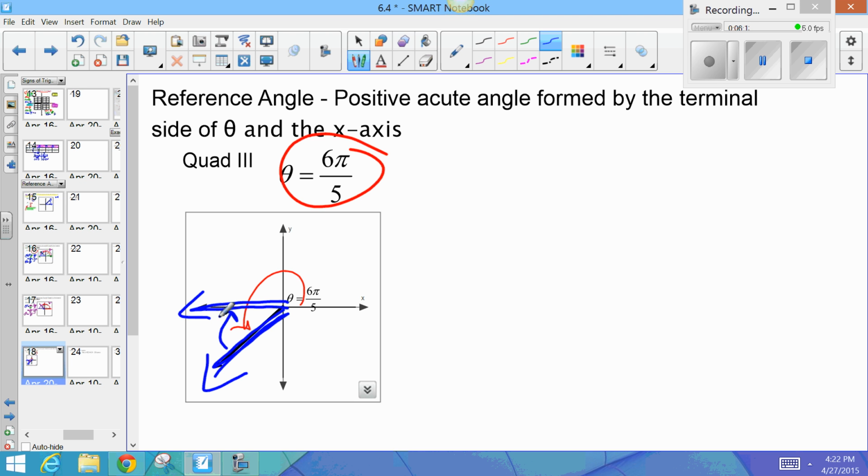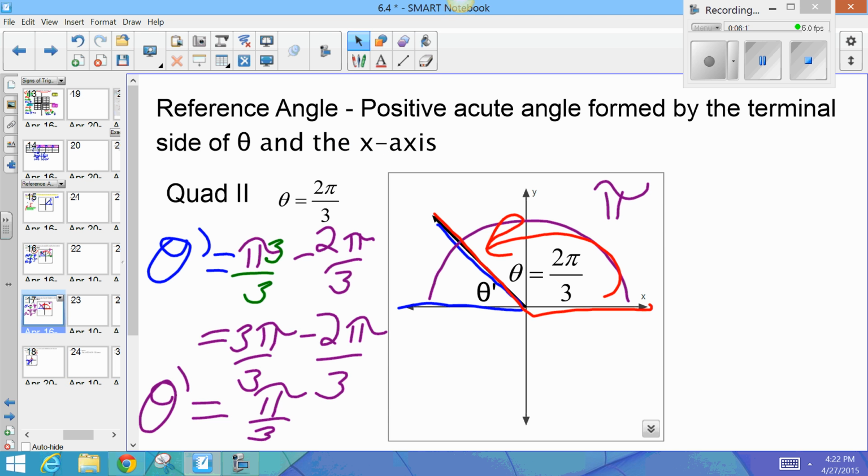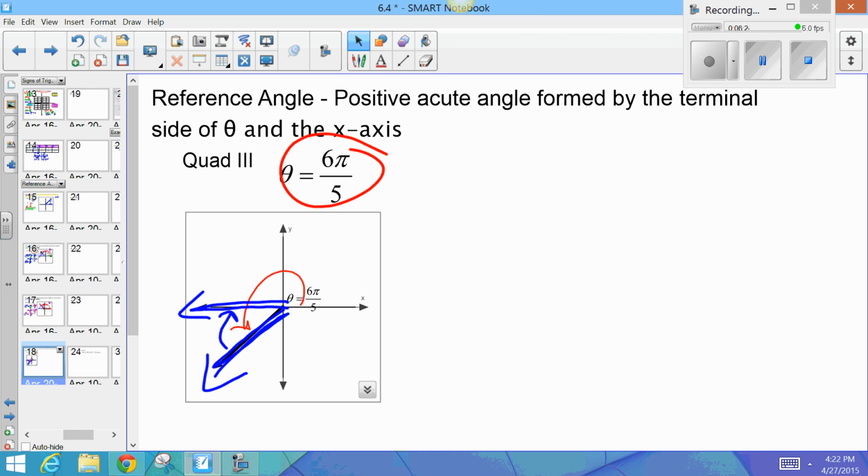It's a smaller part of the red part. If I were to go back and look at the previous problem, the blue part was external. It was the supplement of 2 pi over 3. So there's not one formula for all of these problems. You really have to visualize them and determine for yourself which angle is formed by the terminal side of theta and the x-axis that's positive and acute, and come up with your own formulas as you go along.